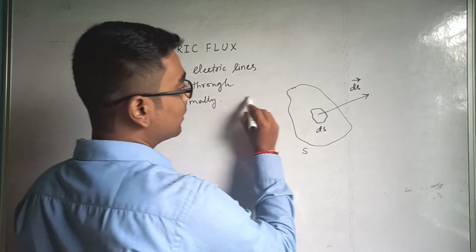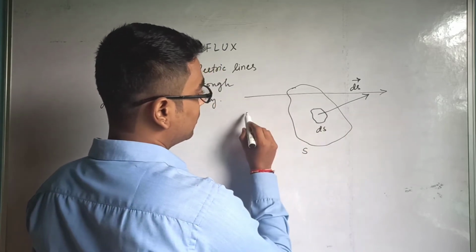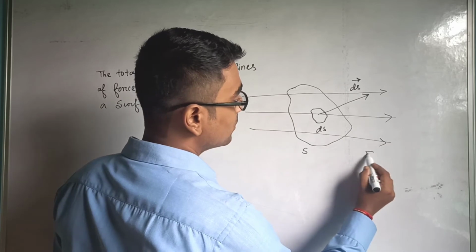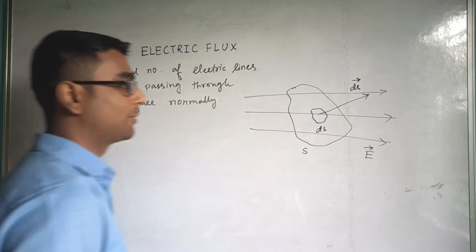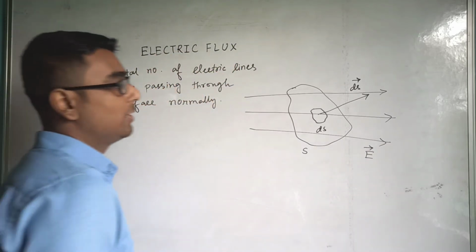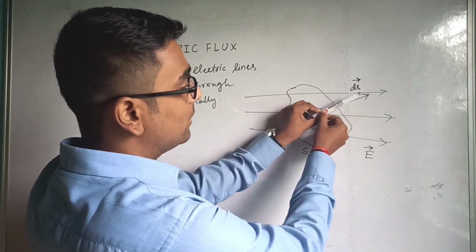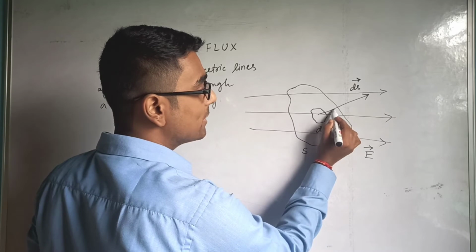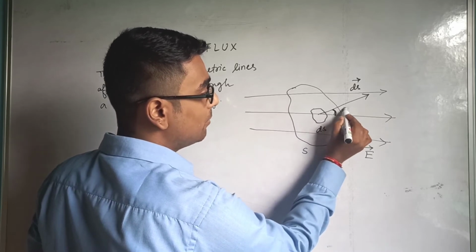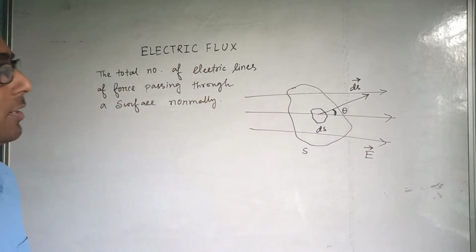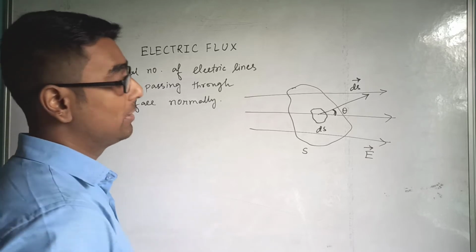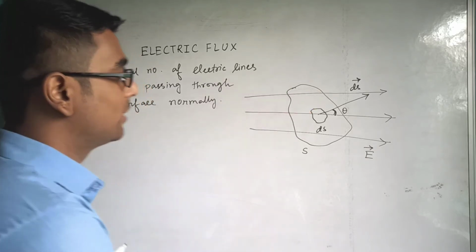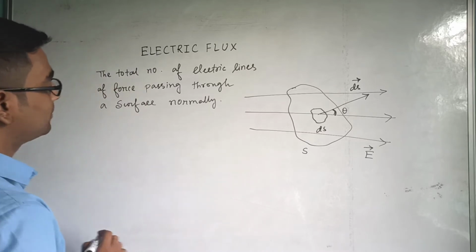Suppose these are the electric lines of force represented by E vector. You can see there is an angle between ds and E vector. If we consider it as theta, the number of field lines passing perpendicular through the surface matters.